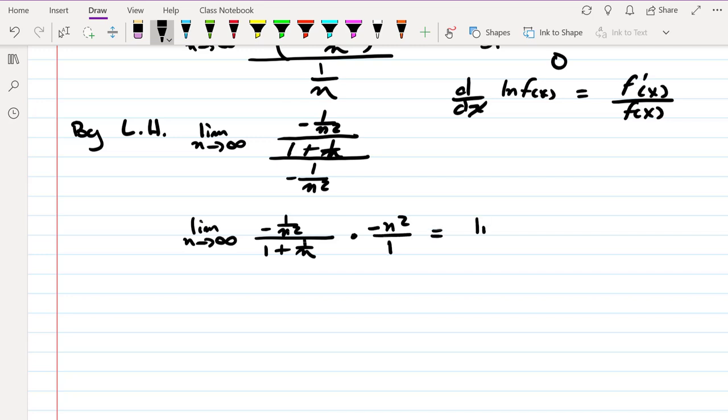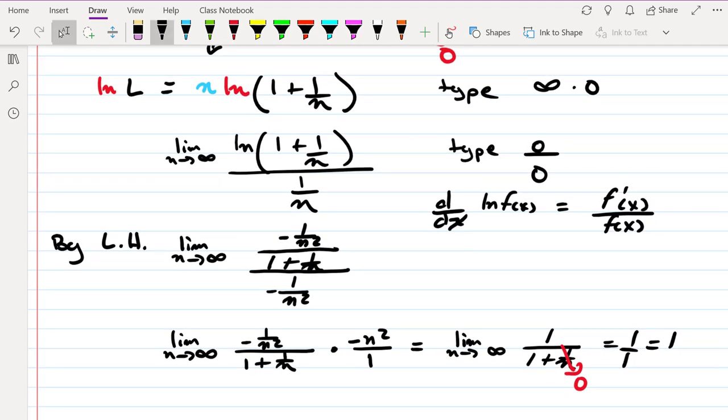So then, reducing, we get the limit as n goes to infinity, and in the numerator, negative n squared times negative 1 over n squared, they reduce out and we just get 1. And then in the denominator, 1 times 1 plus 1 over n is just 1 plus 1 over n. So now as n goes to infinity, this guy goes to 0, and we get 1 over 1, which is 1.